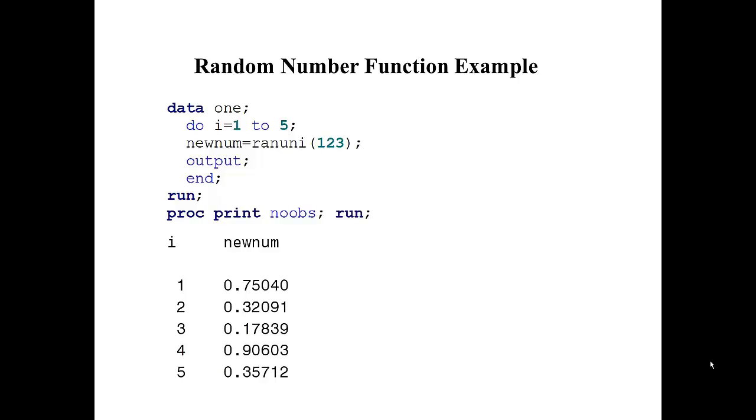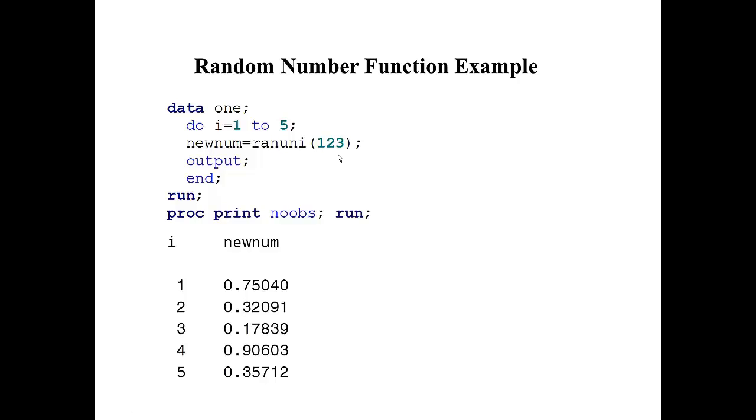If we were to run this exact program again using the seed of 123, then the same list of numbers would be generated. To get a different list of numbers, you would need to put in a different seed in the ranUni function. If you put in as a seed the value of 0, then SAS would use the clock time as the seed.